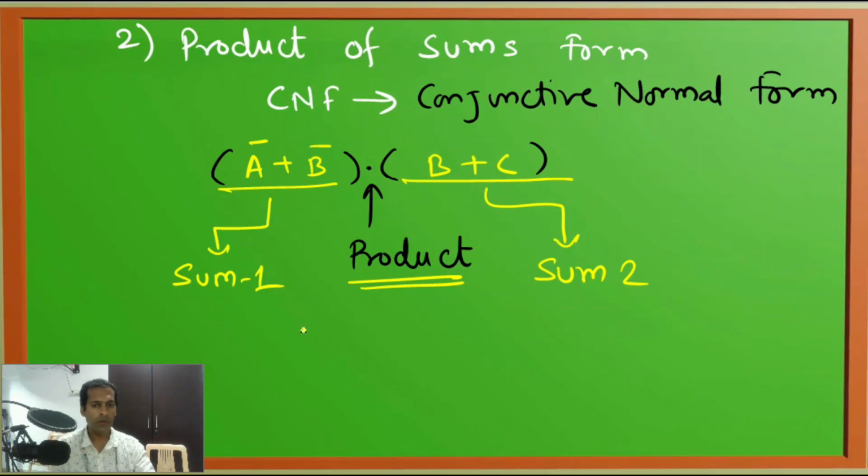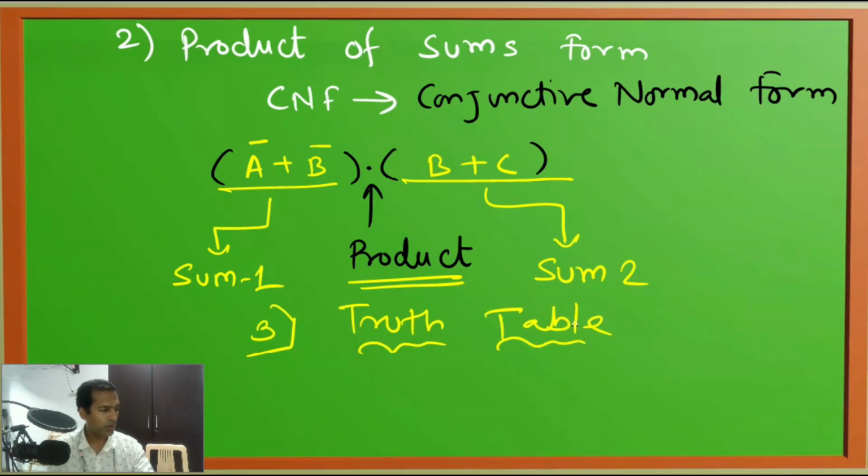Now third thing we have to see is the representation in the form of truth table. So we use truth table for specifying, listing all the possible combinations of values of variables and the corresponding values of the function.